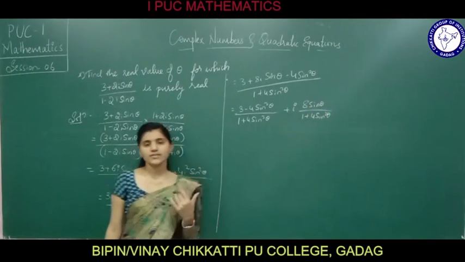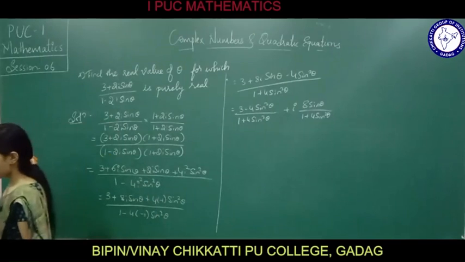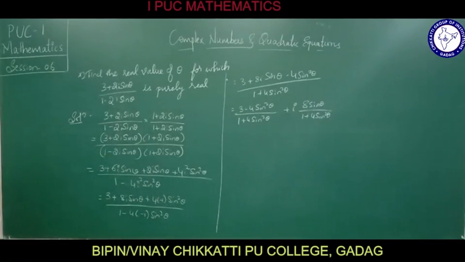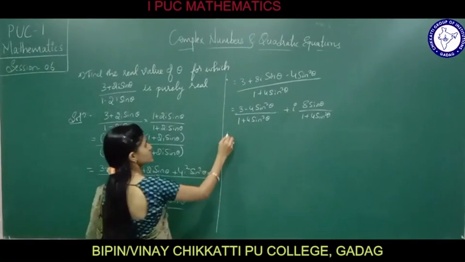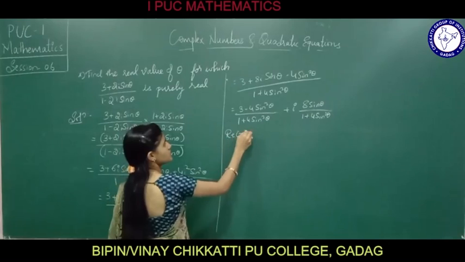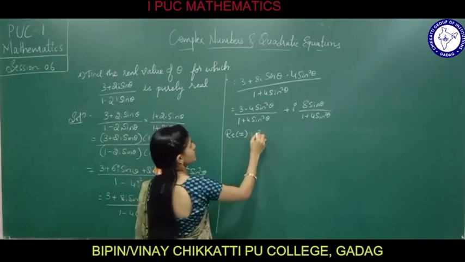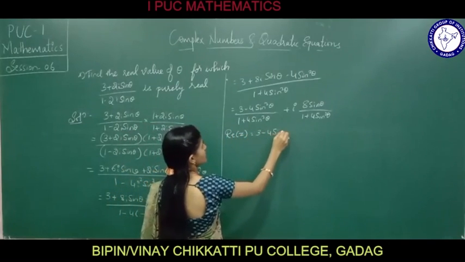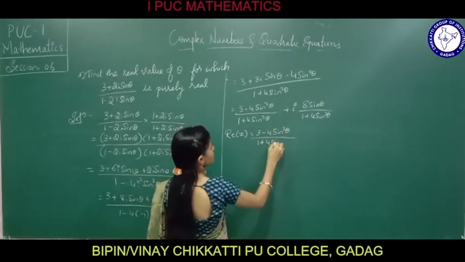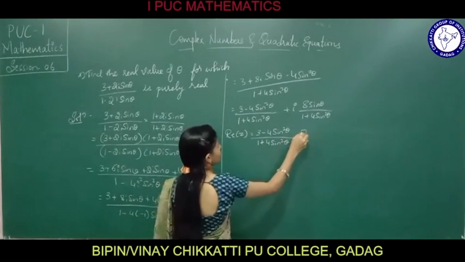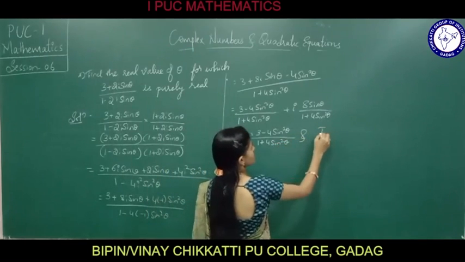We got it in the form of a + ib. See, just see, they have said that z is purely real, right? Here, what is the real part of z? Real part of z is (3 − 4 sin²θ) divided by (1 + 4 sin²θ). And what about the imaginary part of z?